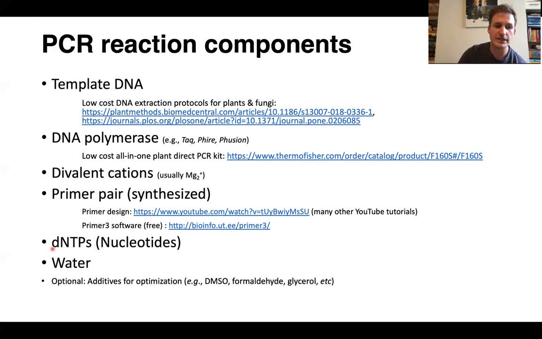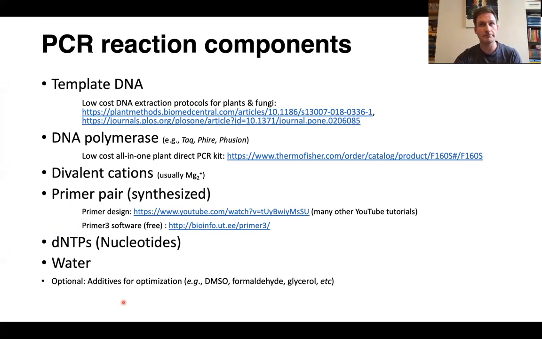You also need dNTPs, so these are the nucleotides that are going to be used as the building blocks for the DNA template. And then you need water as a base.